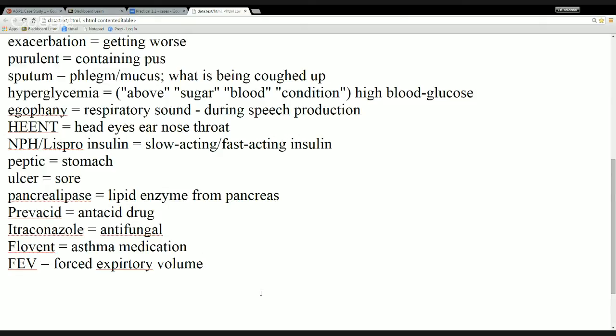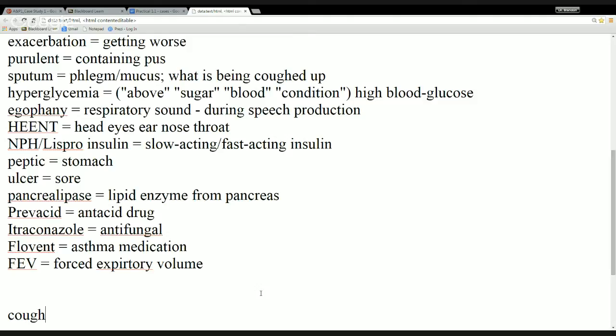So that kind of covers the terminology. Now we want to think about what symptoms there are. So what symptoms are described here? Okay, so the most obvious thing right off the bat, she has a cough. What else?